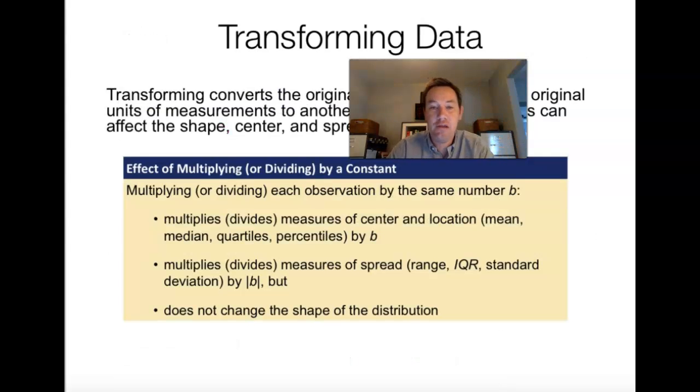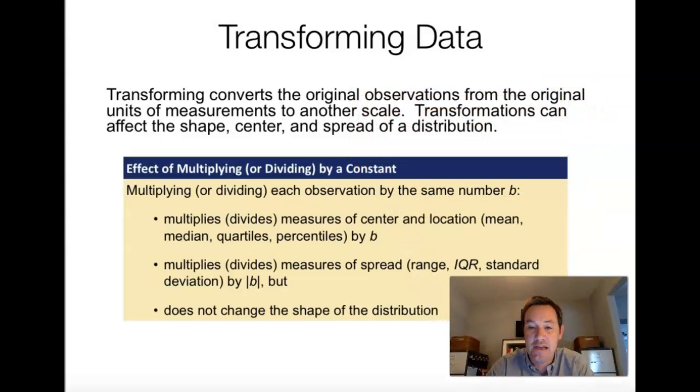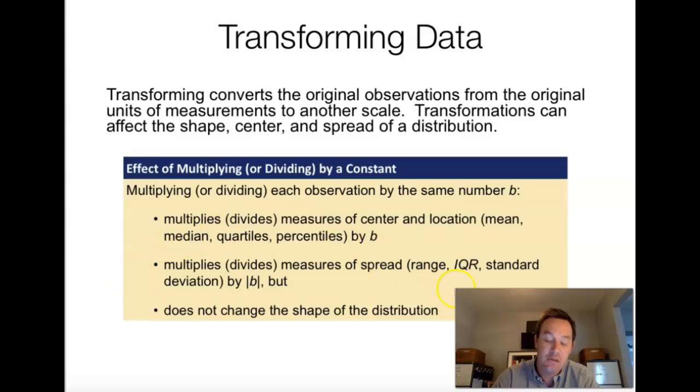All right, so the other thing we could do is multiply or divide by a constant. How does that impact our distribution? We're going to multiply each observation by the same number b, or divide by b, depending. That multiplies or divides measures of center and location by b.